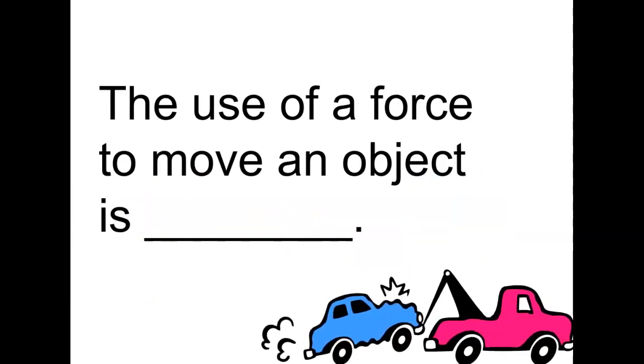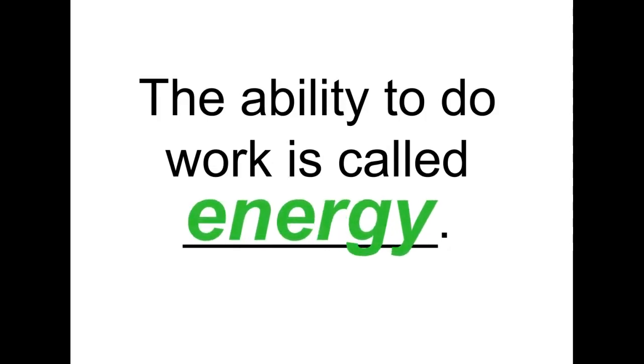The use of a force to move an object is work. We know what that is. The ability to do work is energy. We need energy in order to do work.